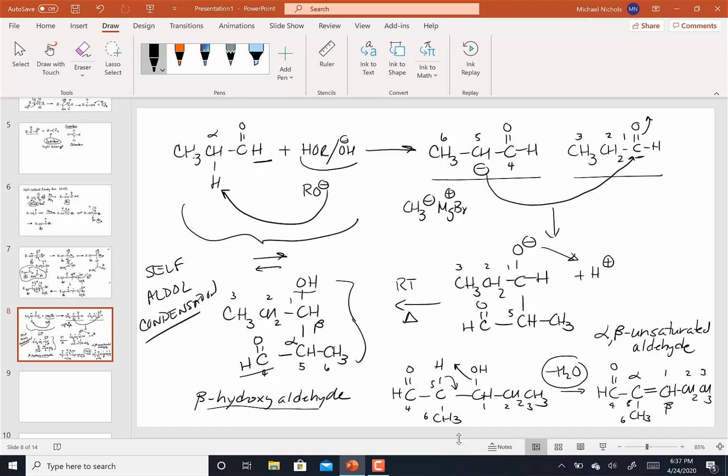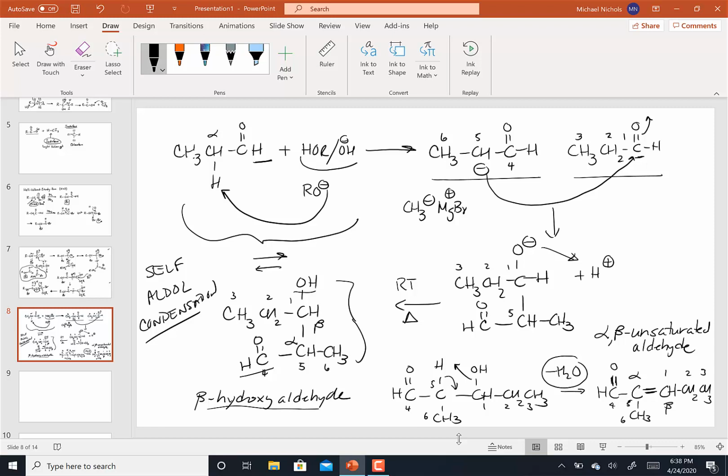Now why would they want to dehydrate? Because then this double bond is in conjugation with the carbonyl double bond, and that makes the molecule really stable. So it's very difficult to keep these things from dehydrating, although it can be done, but that's beyond the scope of what we want to talk about now.